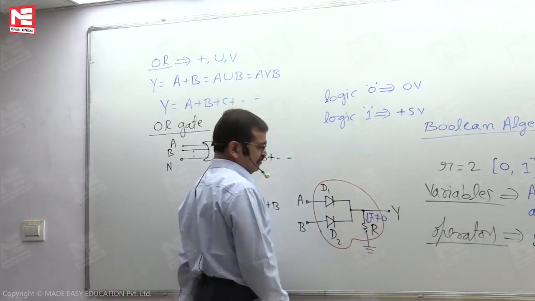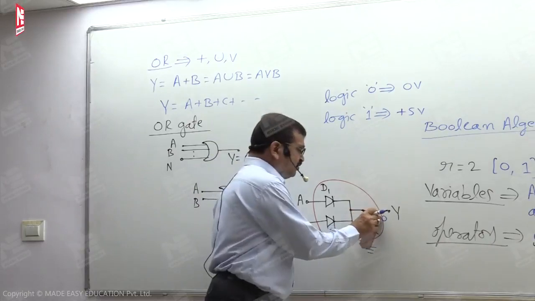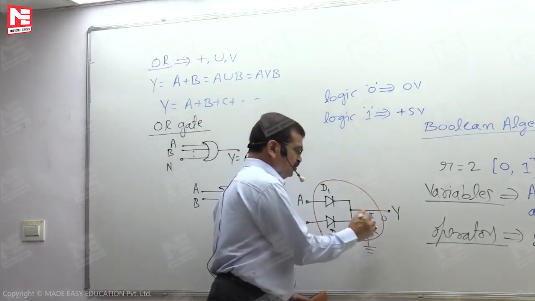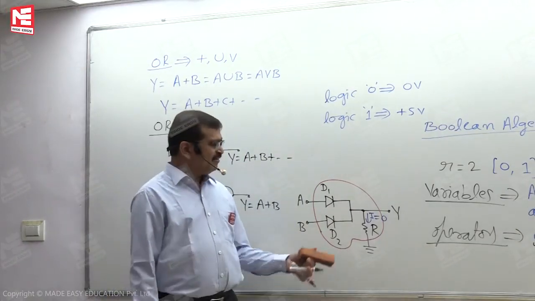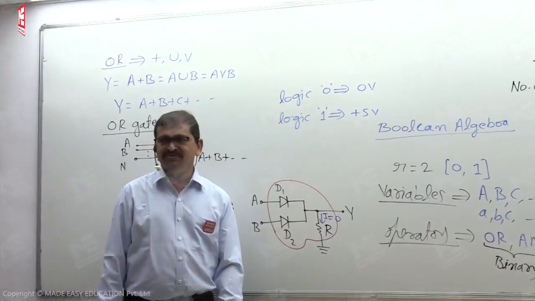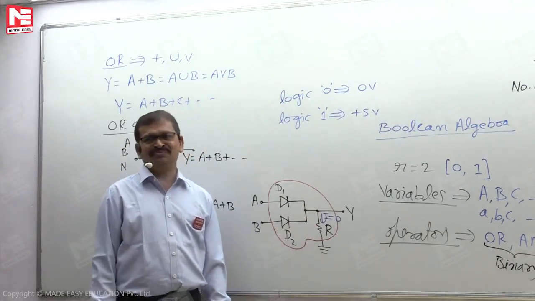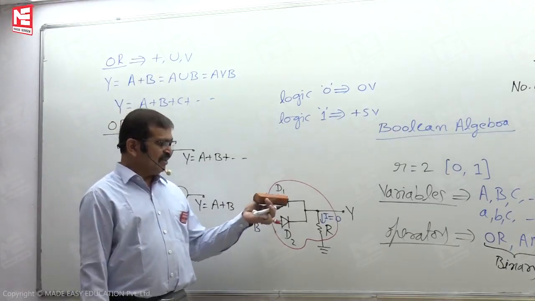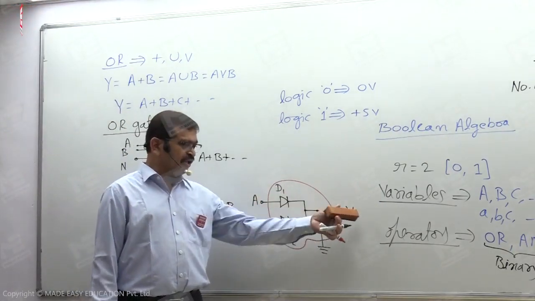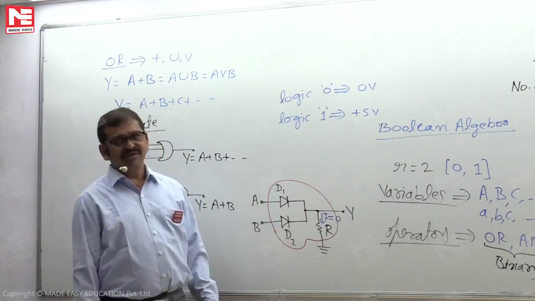If the current through this resistor is 0, then the drop across the resistor is 0, and because of this the output is logic 0. So only if there is some current through the resistor is it logic 1. If there is no current, the logic level is logic 0.